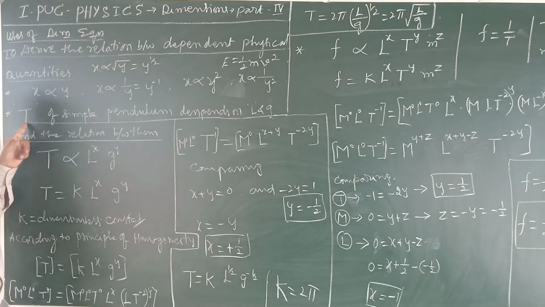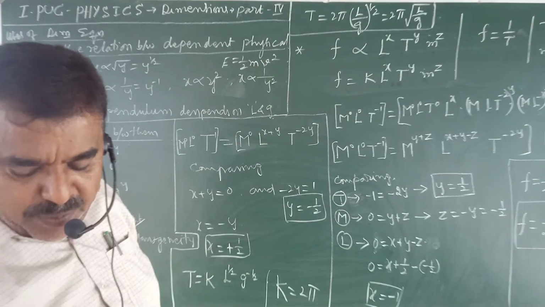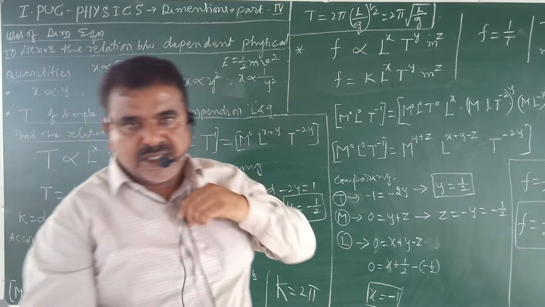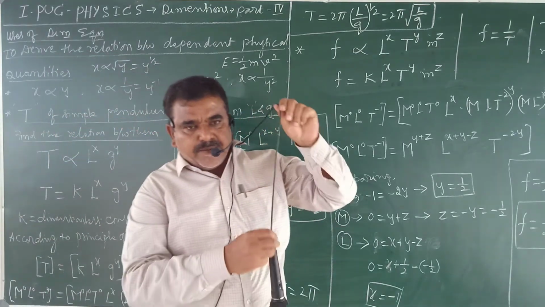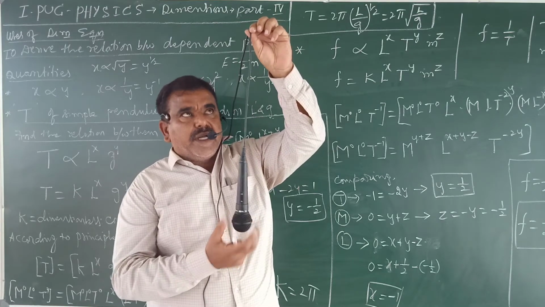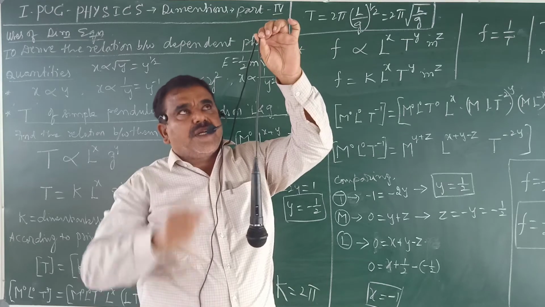This T means the time period of oscillation of a simple pendulum. So what is a simple pendulum? A simple pendulum is something like this. You see, a bob is tied to a string, and the string is fixed at the other end.